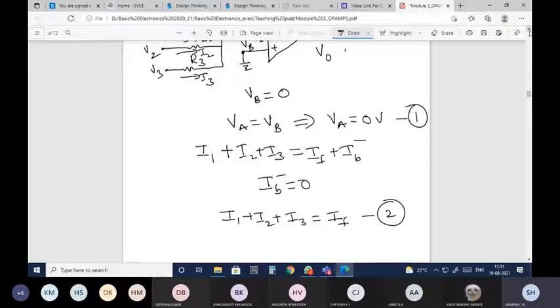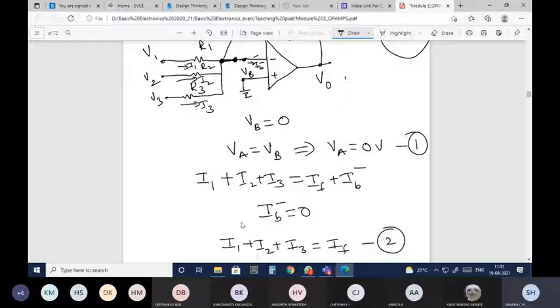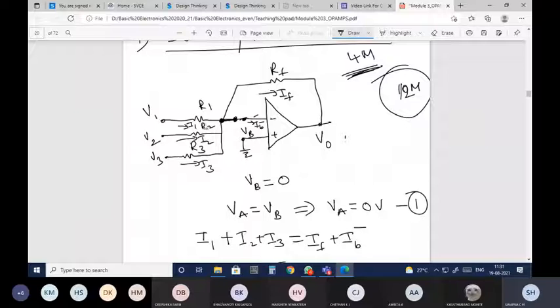Okay, now I have got equations in terms of current, but what I want is an equation in terms of voltages. So again, I will try to represent I1, I2, I3, IF in terms of node voltages. Current is flowing in this direction, so this is positive and this is negative. The same applies for each of the other currents.